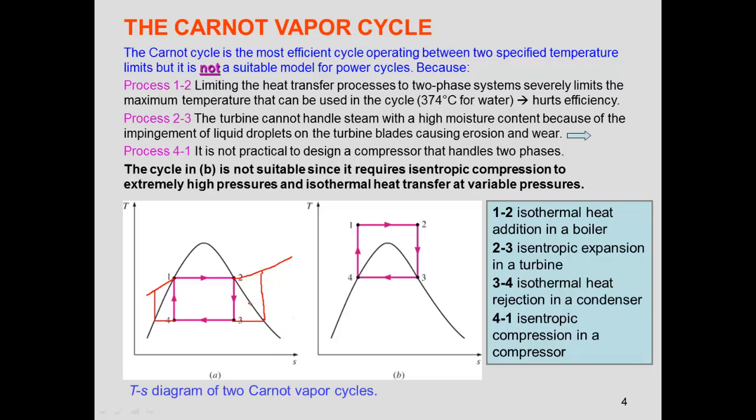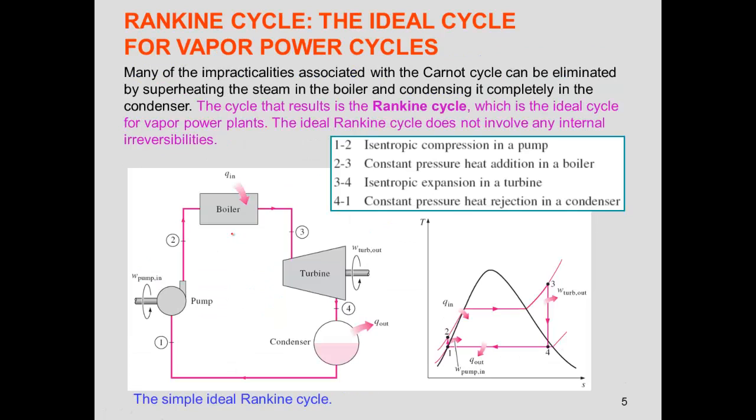Okay, this is how we're going to modify the Carnot cycle in order to get a practical cycle, and we call this the Rankine cycle. You can see here, much better drawn, this same cycle.